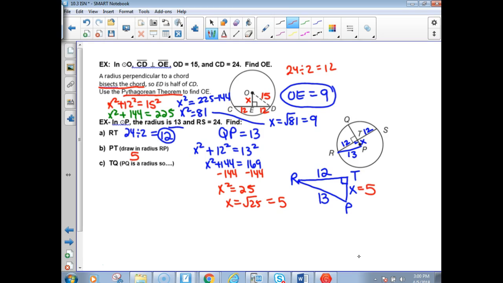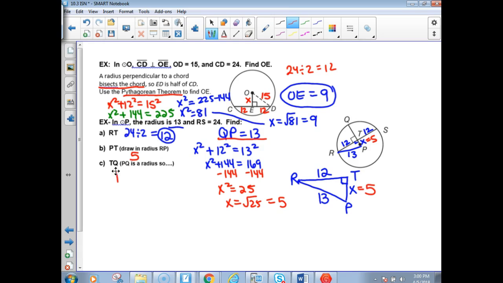Now it says to find Q to T. Well, Q to P we wrote down is 13. P to T we just found out is 5. So what's Q to T? If Q to P is 13 and P to T is 5, what's left for Q to T?